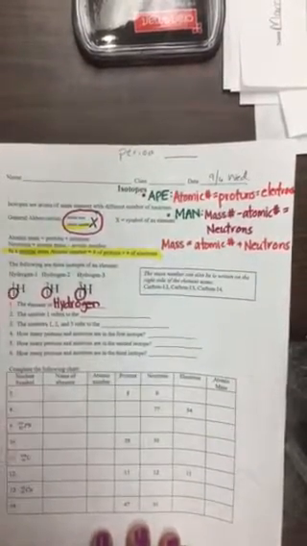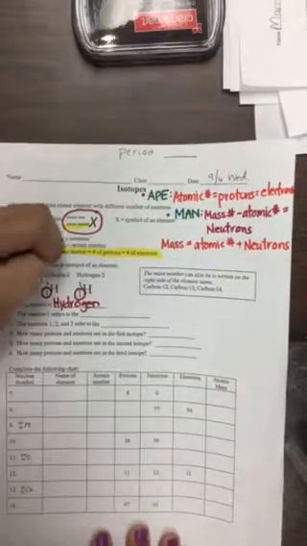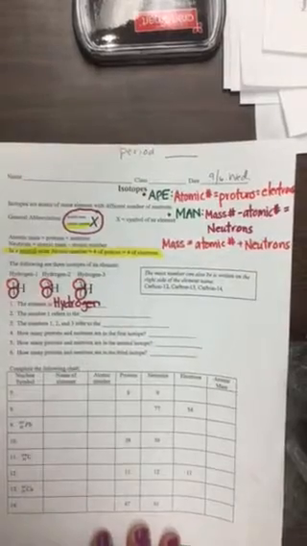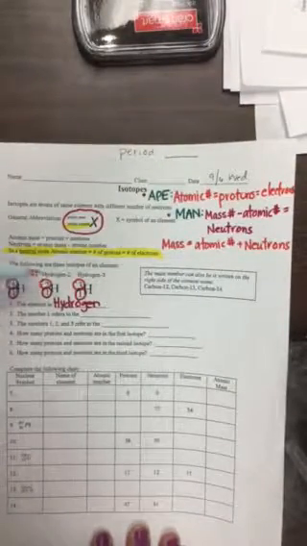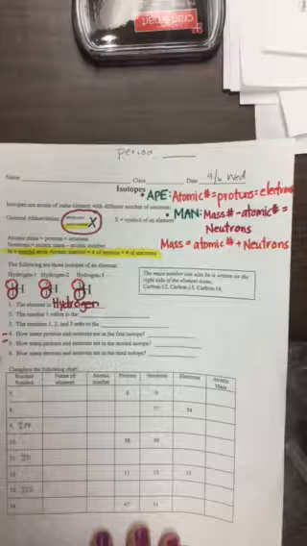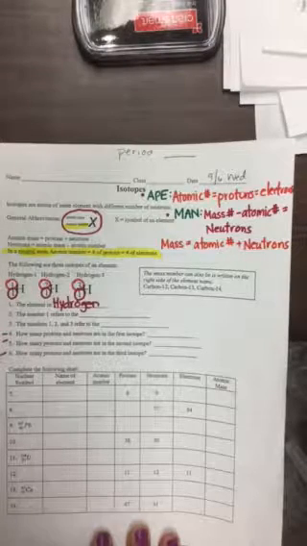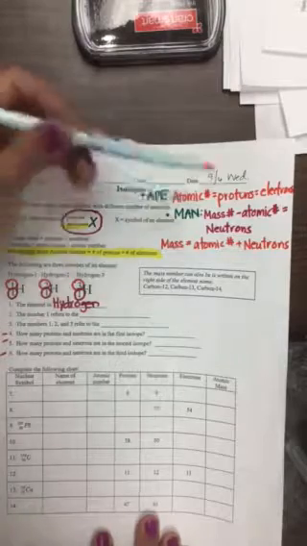The top number is going to be the atomic mass. Okay? So this has an atomic mass of 1, atomic mass of 2, atomic mass of 3. Some of the questions below, number 4, 5, and 6, it's going to ask you to find the number of neutrons. So you would use the formula up here.